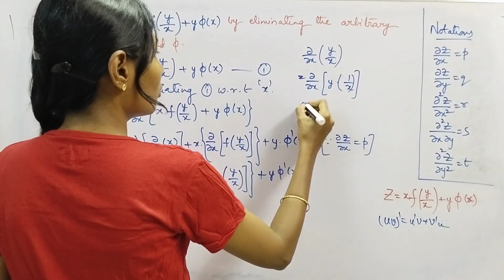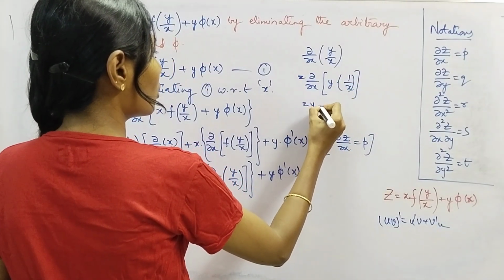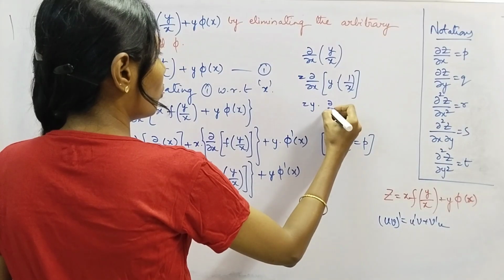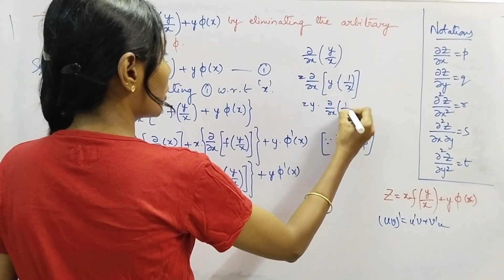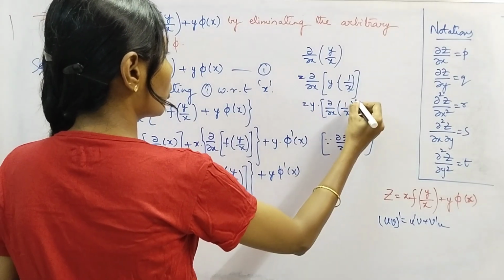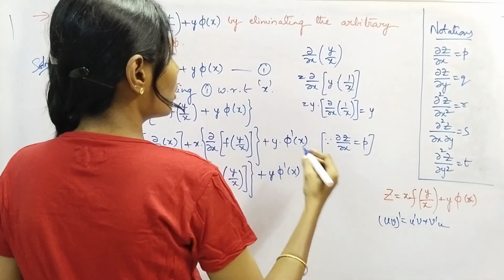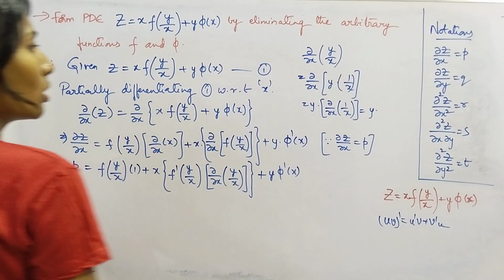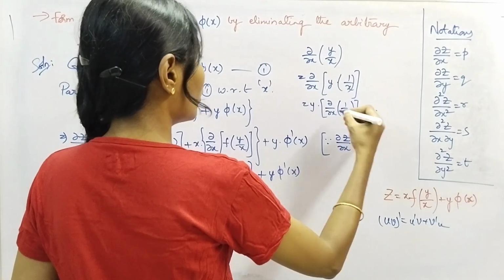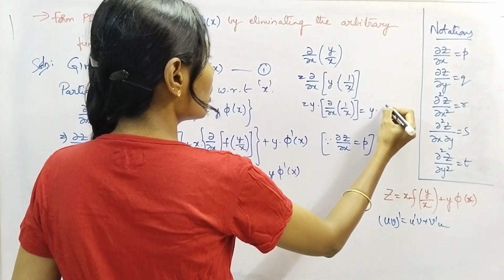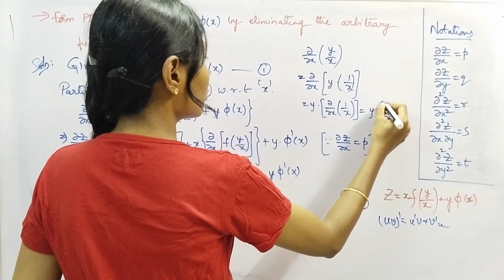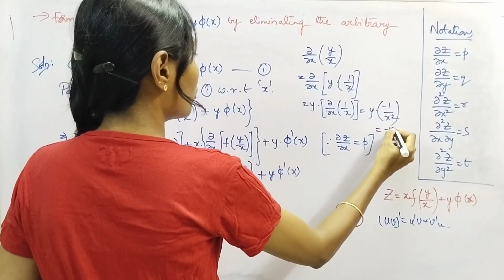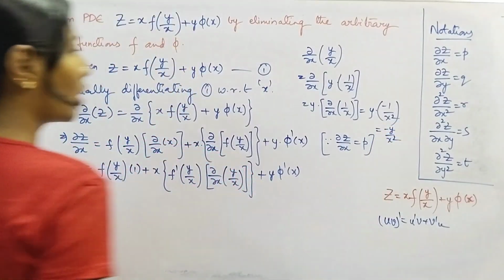Now we'll take this constant out, so you'll get y into dou by dou x of 1 by x, that is the partial derivative of 1 by x. We know that the derivative of 1 by x is minus 1 by x square, so the partial derivative of 1 by x will be minus 1 by x square, right? So you'll get minus y by x square.